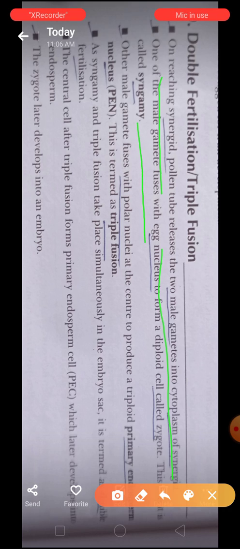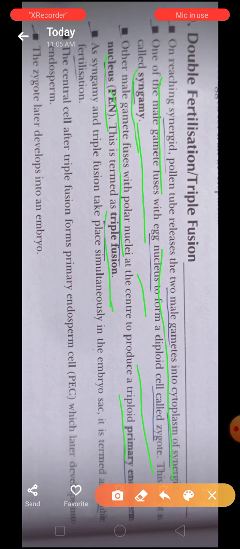One male gamete fuses with the egg nucleus to form the zygote, and this process is known as syngamy. The other male gamete fuses with the polar nuclei and they form the primary endosperm nucleus, and this event is called triple fusion.